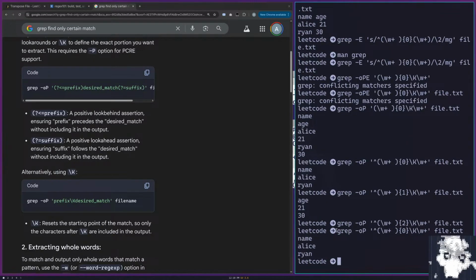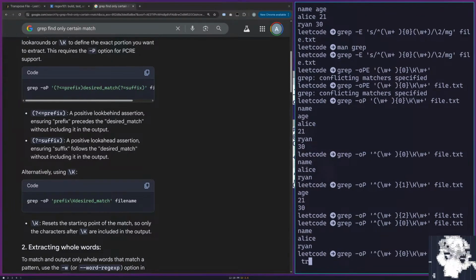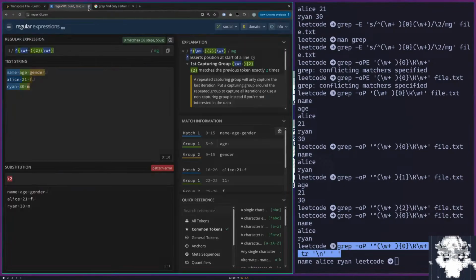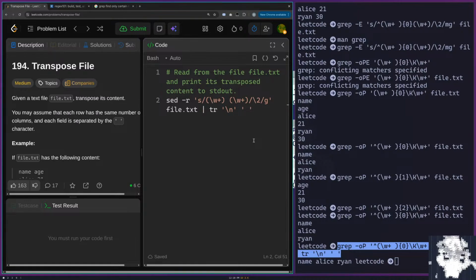Okay, this is beautiful. Grab this, and actually even put that into replace new lines with spaces. We're making progress. We're making moves. Then we want like a for loop that does this for lots of numbers.